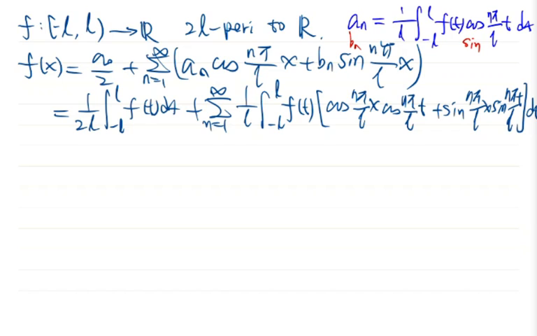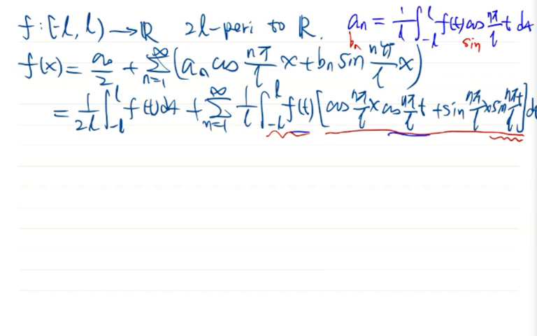Here the integral of f(t) with cosine n pi t over L gives us an. Similarly, the integral with sine n pi t over L gives us bn. Now we can apply the trigonometric formula for this expression.